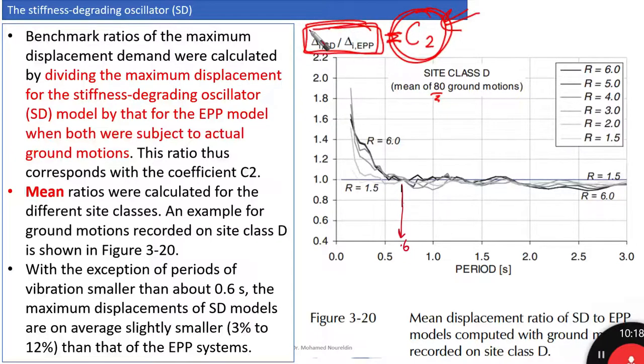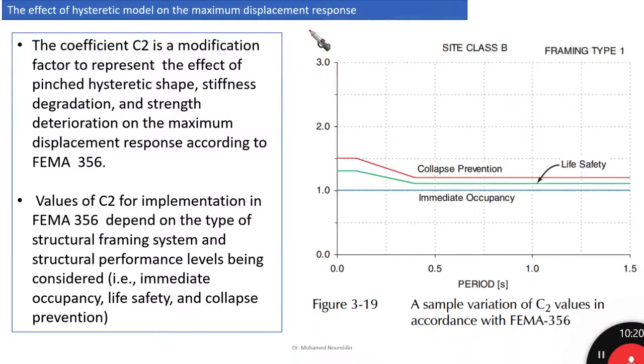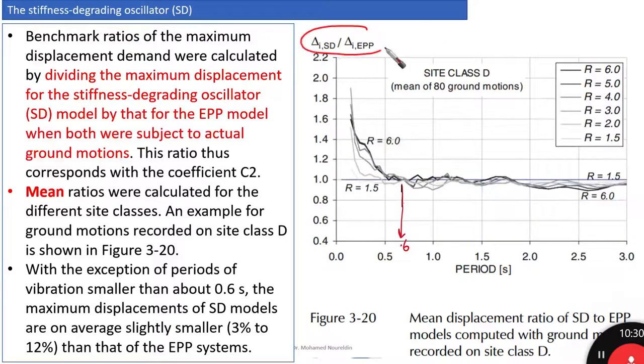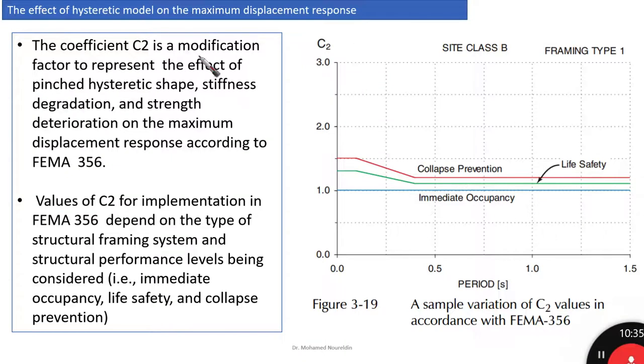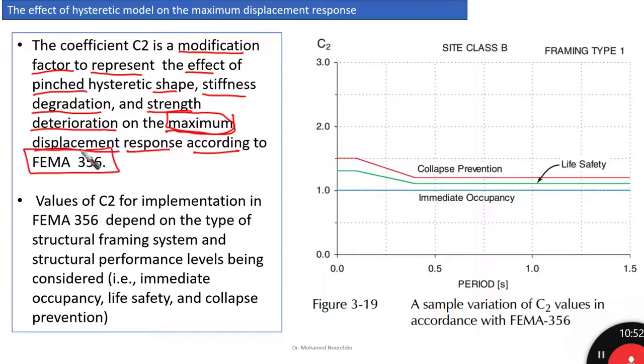Okay, so let's go to the next slide, and I'm going to go back to the first slide. The coefficient C2, which is on the vertical axis, is the same as here. The coefficient C2 is a modification factor to represent the effect of pinched hysteretic shape, stiffness degradation, and strength deterioration on the maximum displacement response, according to FEMA 356.